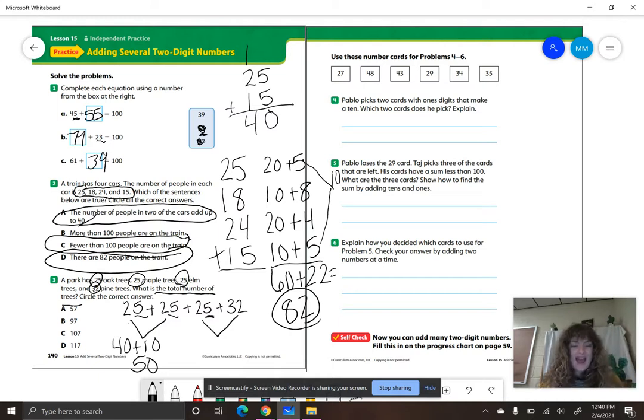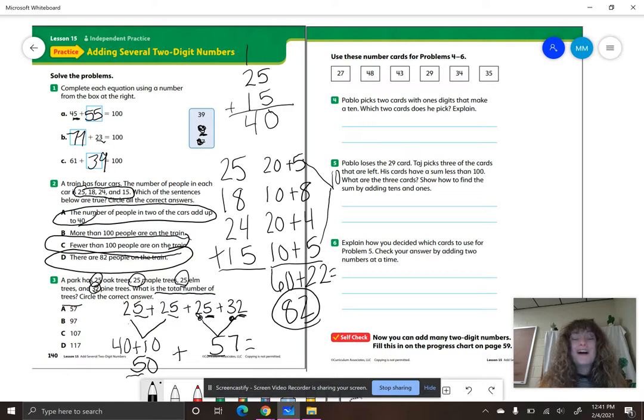Now I'm going to add 25 plus 32. We can look at our ones place, Smarty. So 5 ones plus 2 ones would be 7 ones. 3 tens plus 2 tens would be 5 tens. So 50 plus 57. Let's think about that, Smarties. If I know that 5 plus 5 makes a group of 10, what does that mean 50 plus 50 makes?